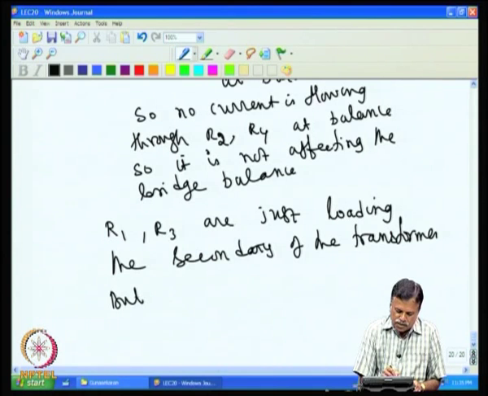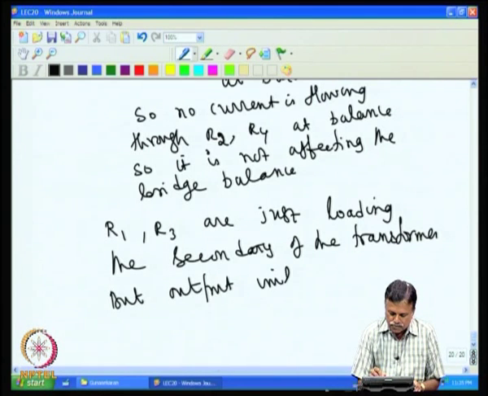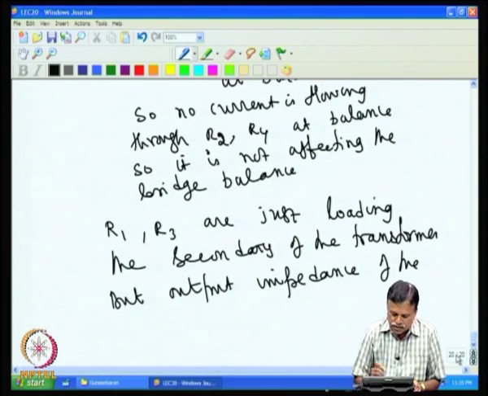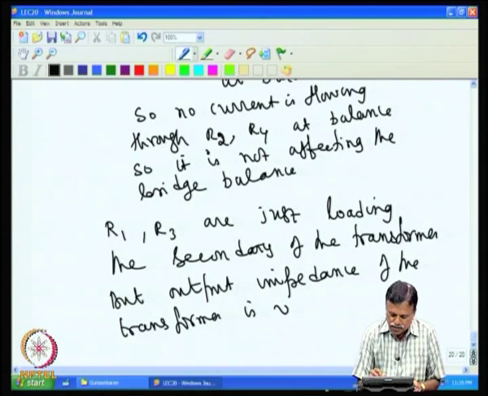But the output impedance of the transformer is very low.